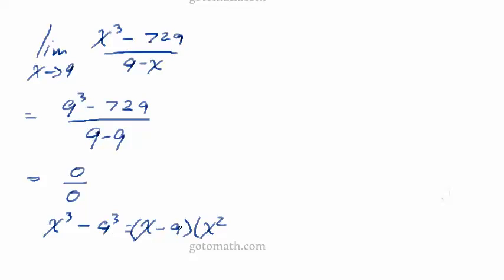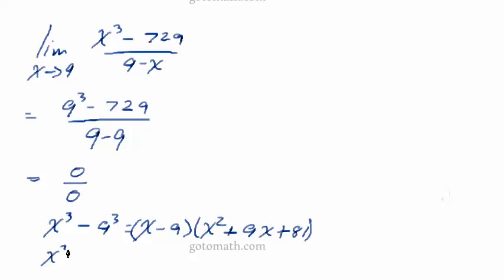The next sign is always the opposite of whatever this is, so it's going to be plus, and then we write 9x, this number times x, and then plus 9 squared, which is 81.